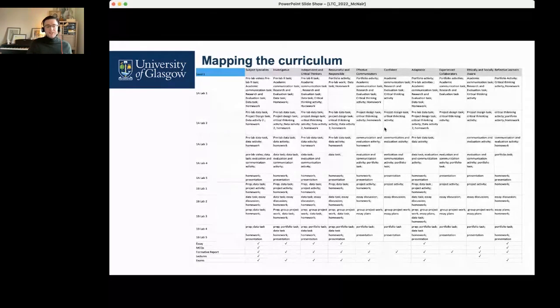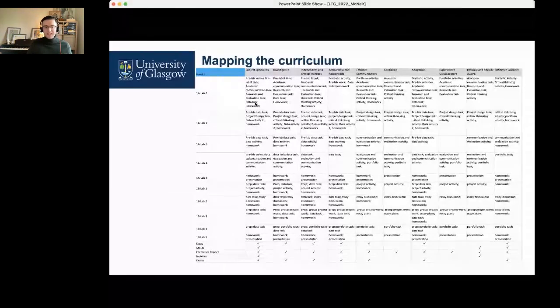So for example, in Psychology 1A Lab 1, we ask students to do various data tasks, homework tasks, they attend lectures, they have various readings to do, some group work to do, and we looked at all of those activities and pigeonholed them in terms of the graduate attributes that they relate to the most.